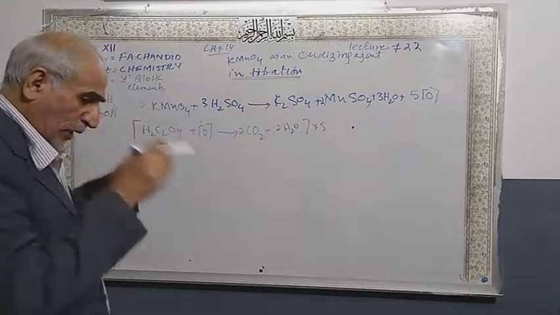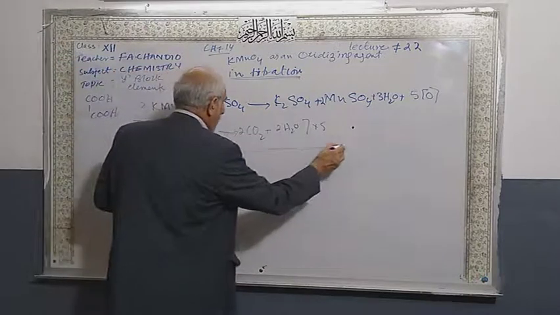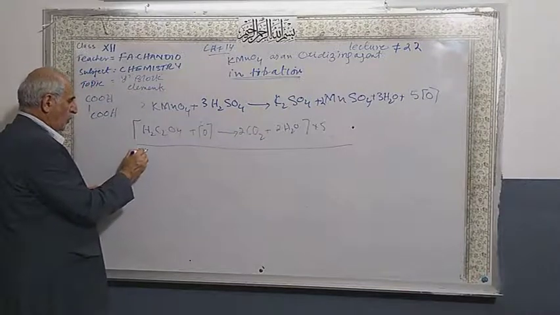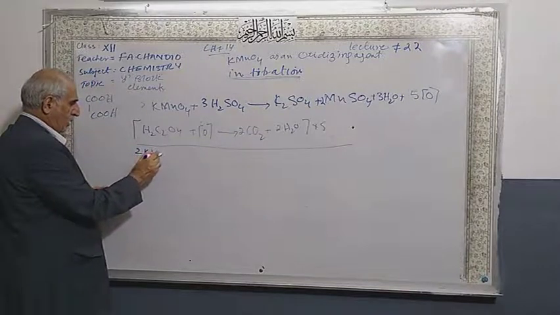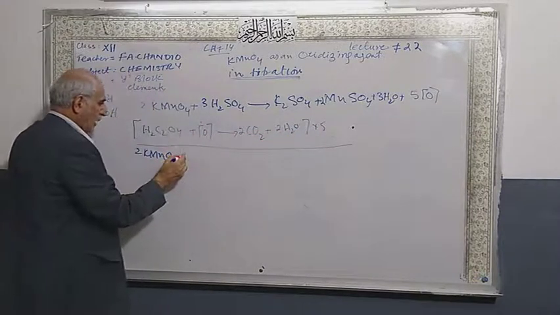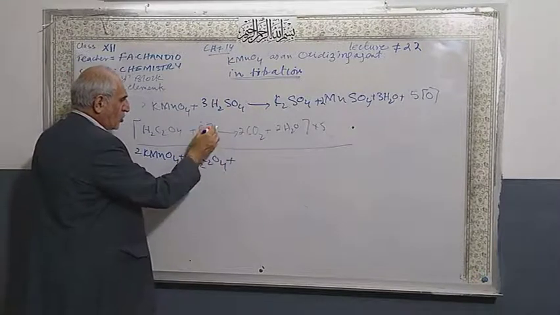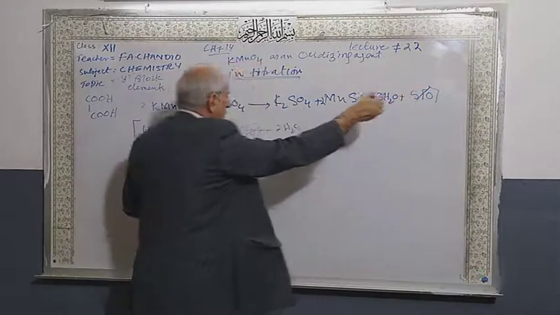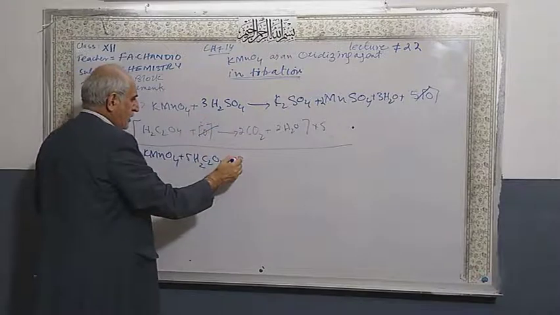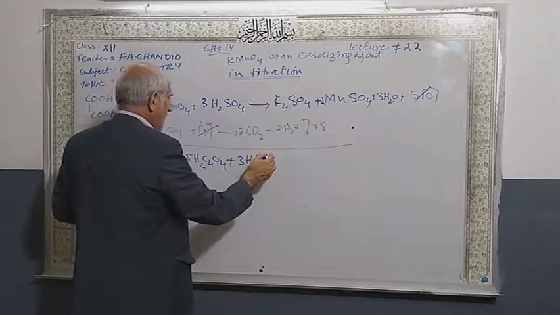Okay, now if you are going to add this, there are 2 moles of potassium permanganate and 5 multiplier moles, so plus 5 moles of oxalic acid, H2C2O4. The oxygen 5 cancelled out, and 3 moles of sulfuric acid are there on the reactant side.